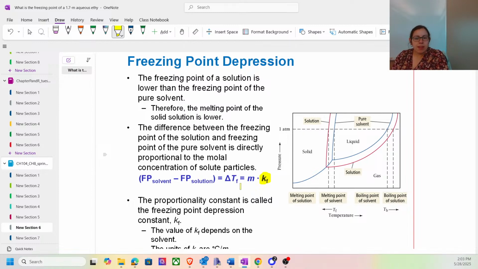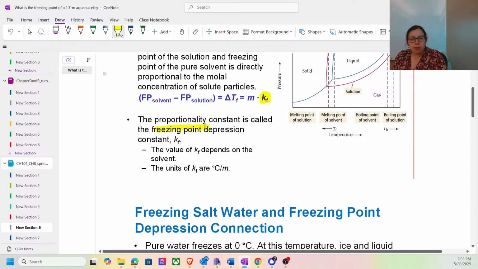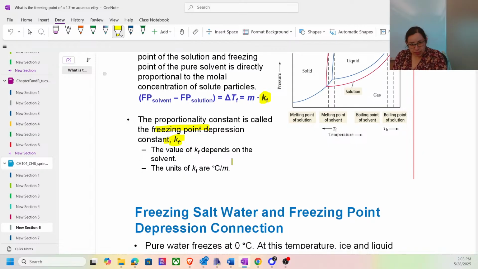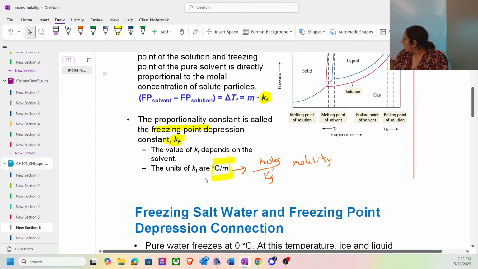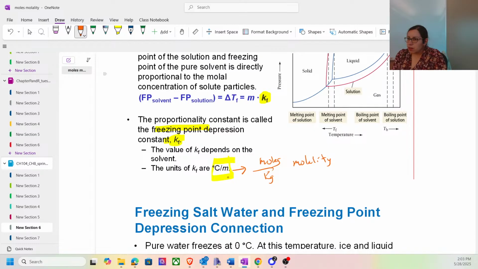Everything has a freezing point depression proportionality constant, Kf, and it should be given in units of degrees Celsius per molality, one of the few times you see molality, that little m. So again, moles per kilogram of solvent. So maybe highlight that. That's a little weird. That being said, it could be given in other units if you look this up on the internet. So always watch the units that it's given in.